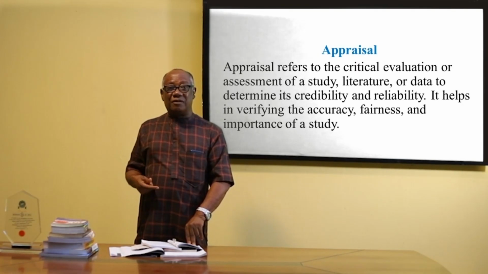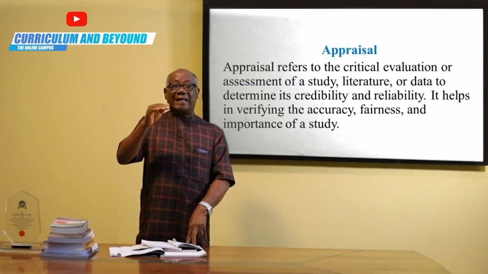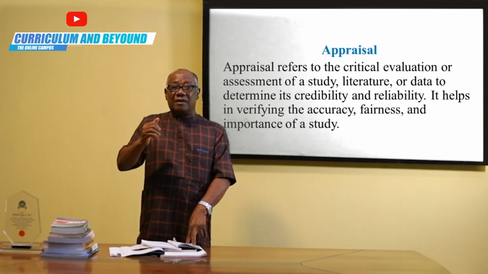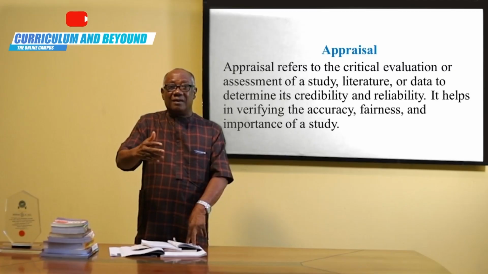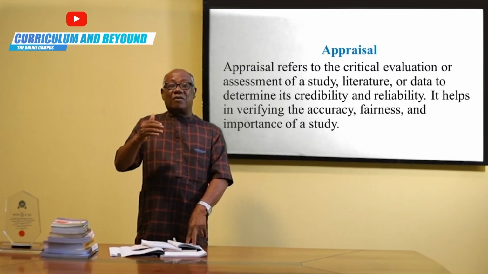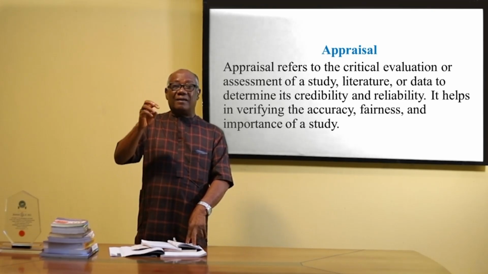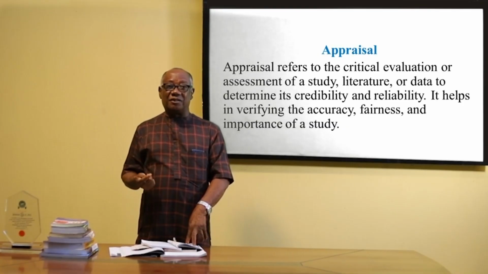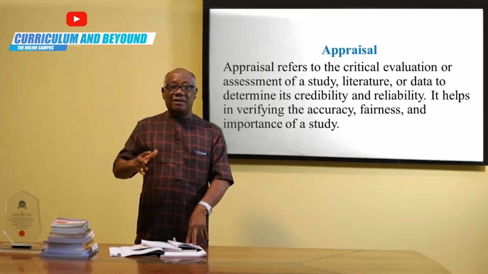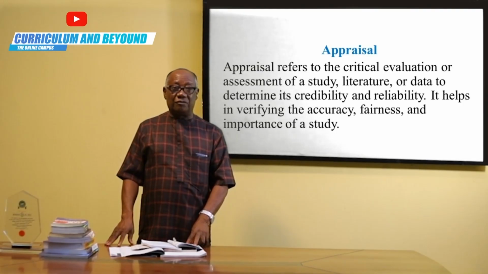So in Appraisal of Literature, you are saying that current literature reveals that this investigation has been carried out on this problem. Literature, however, did not provide information concerning the area of language and achievement in biology. This is the reason why the current study is being carried out. Then you end your literature review.